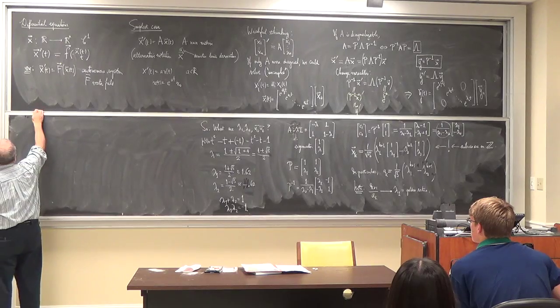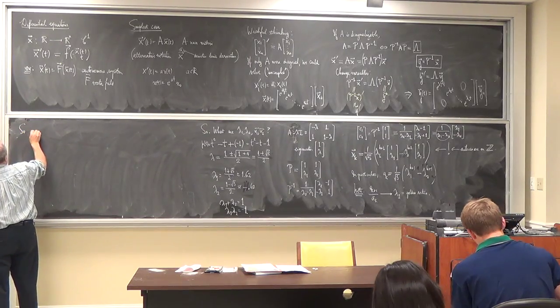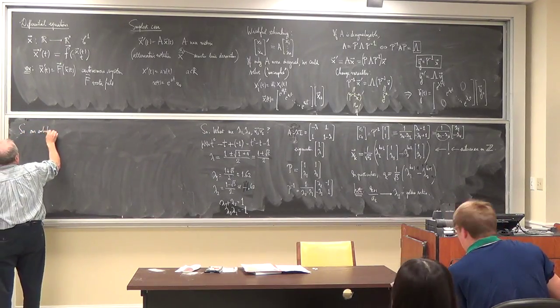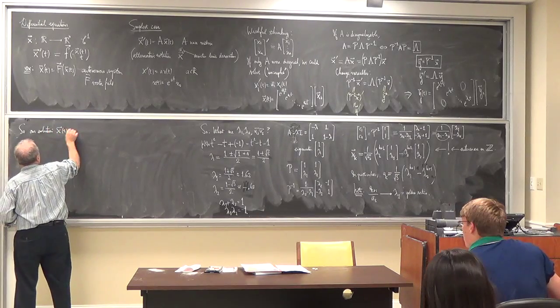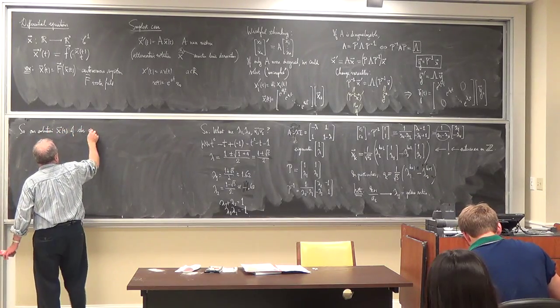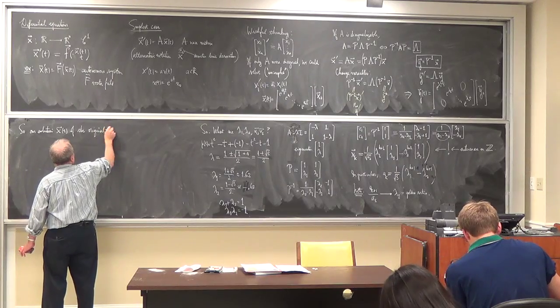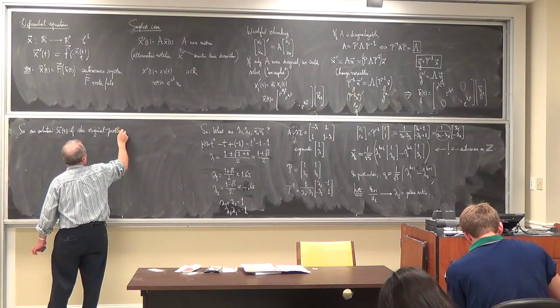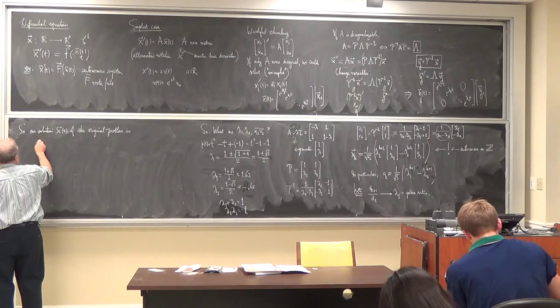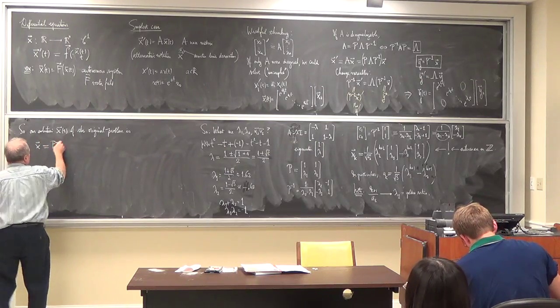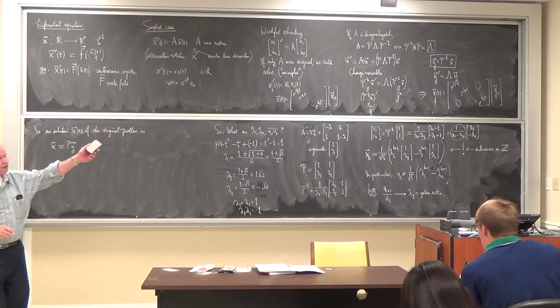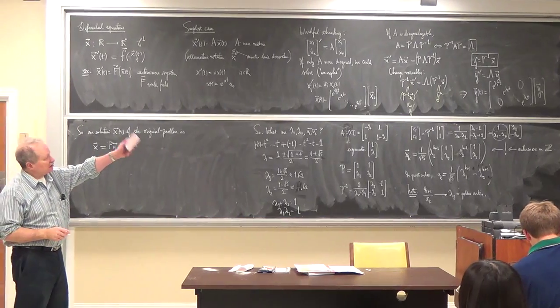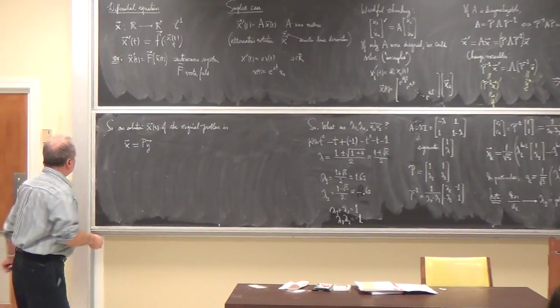So therefore, what's my solution? Our solution x of t of the original problem is x equals P y. Agreed? y was P inverse x, so x is P times y.